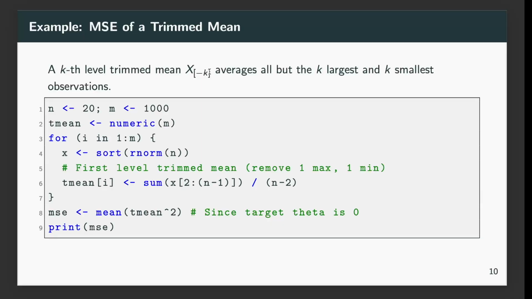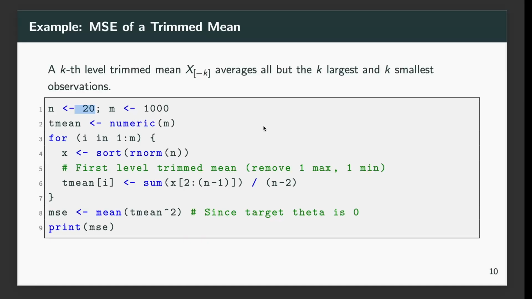So for example, in this case n is equal to 20, and we use k equal to 1. We remove one maximum and one minimum, which is quite logical because we have a small sample of 20.